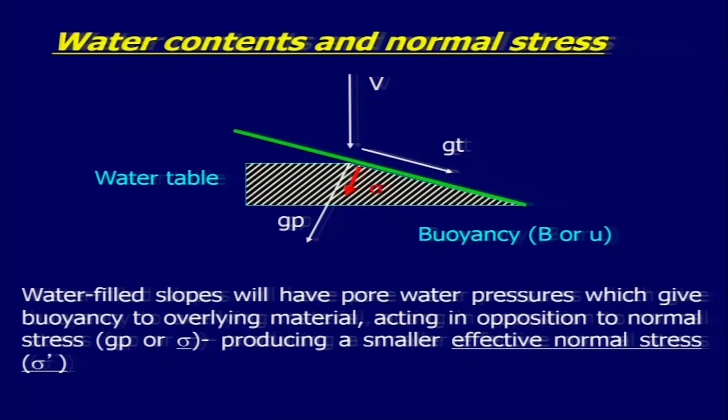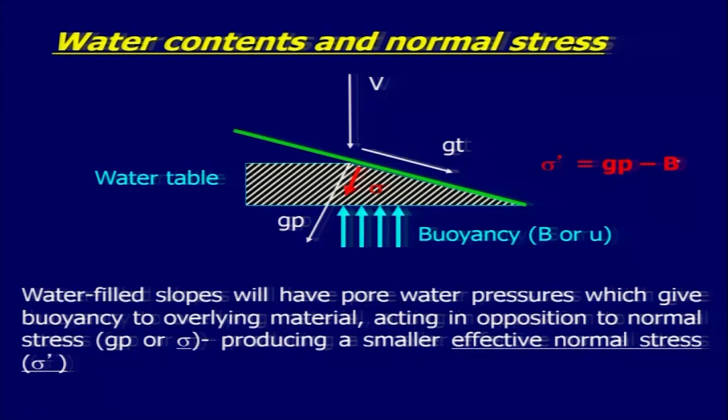Now the pore water pressure will have some sort of a buoyancy effect, and that will result in a smaller effective normal stress. So sigma prime will be your GP, the normal stress, minus the buoyancy.